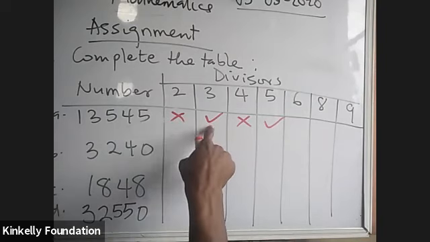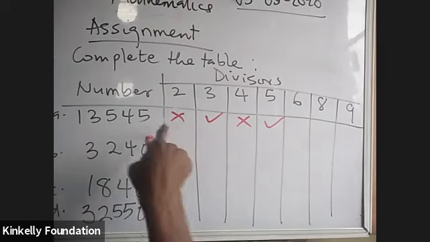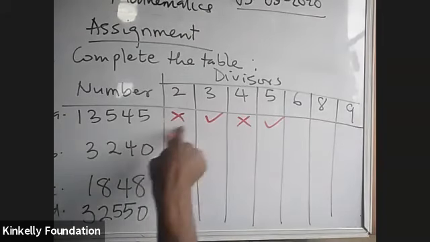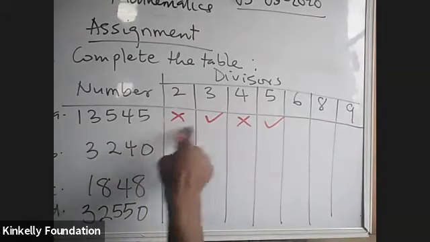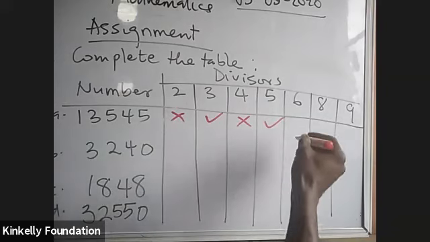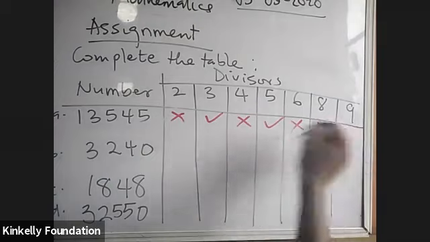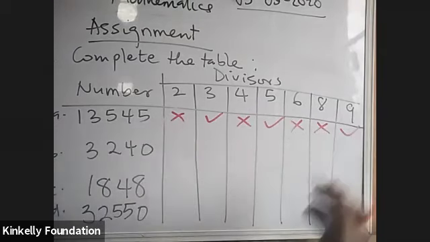It is true that 3 can divide it, but so far as 2 cannot, the criteria are not met, so it cannot be divided by 6. 8 cannot divide the number, but 9 can divide this number.